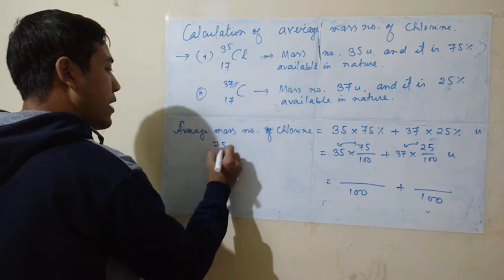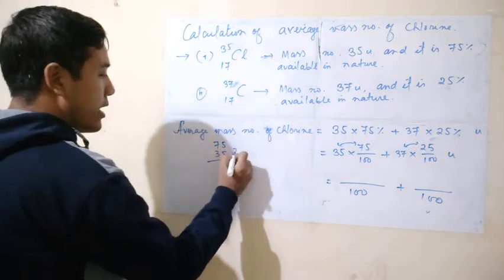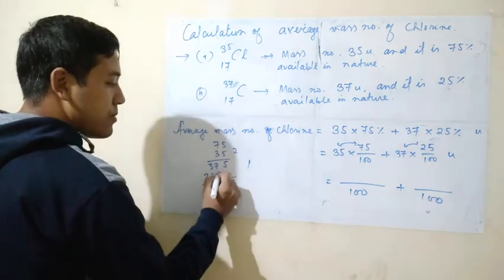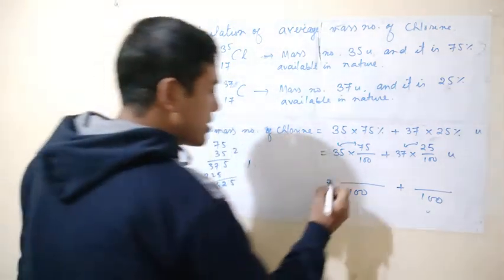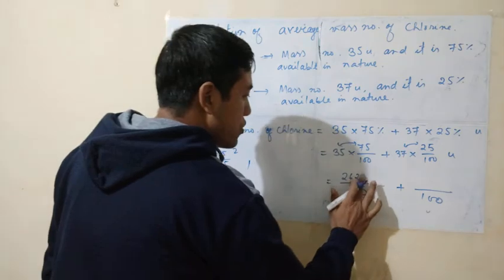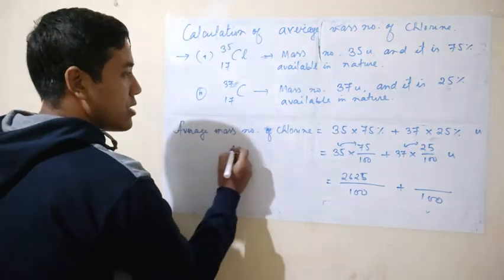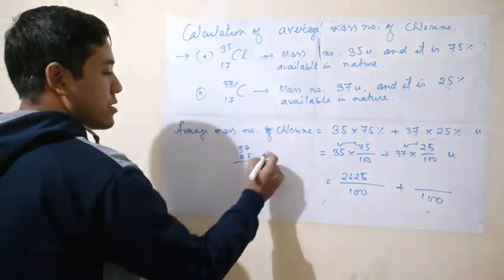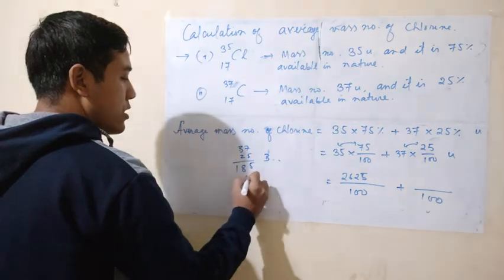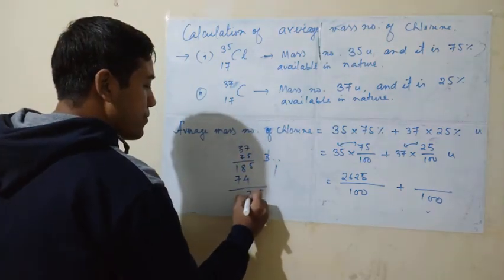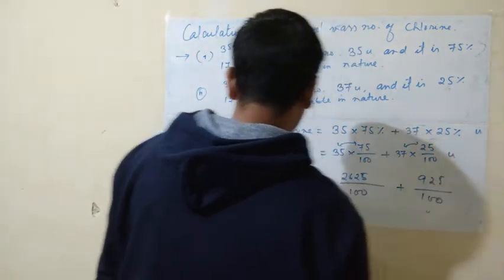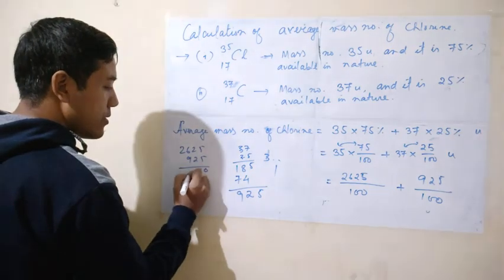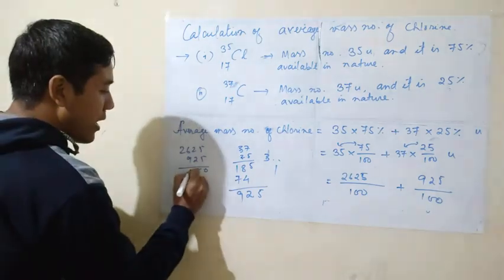Look here. 75 into 35 becomes 2625. Now again, 37 into 25 becomes 925. You add 2625 plus 925, it becomes 3550.